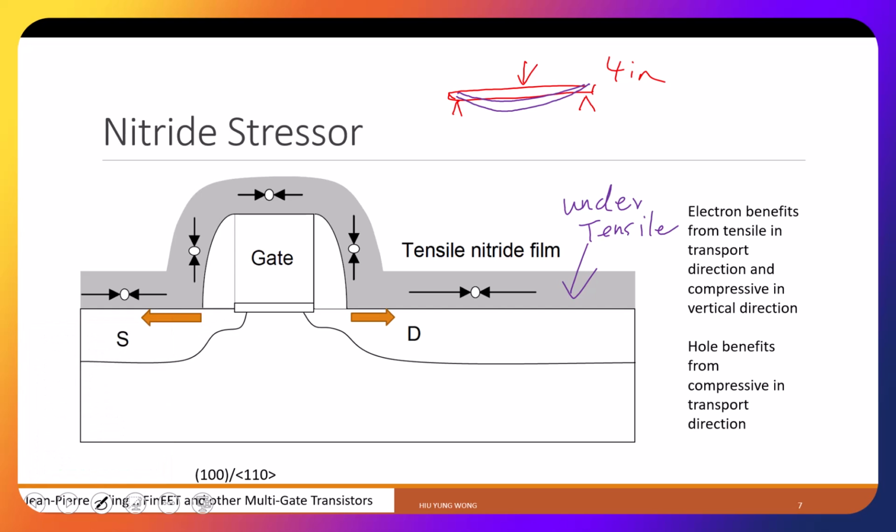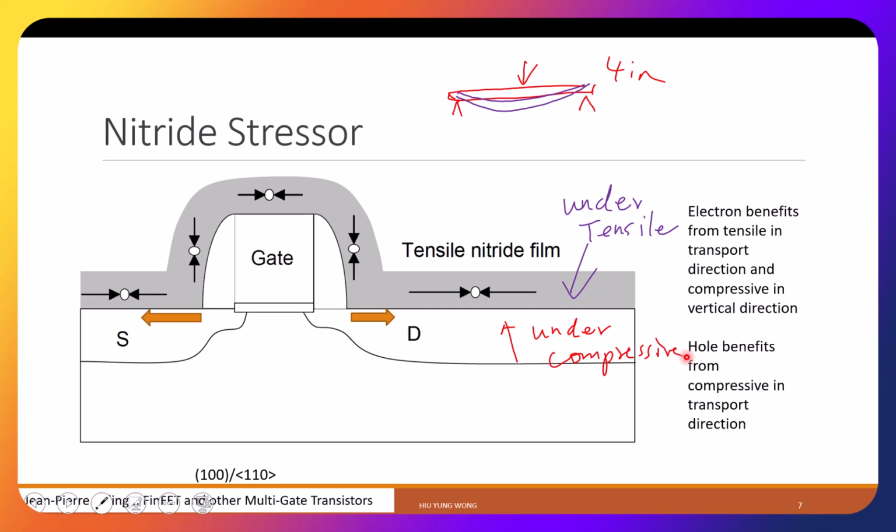So this part is compressive, right? This part is under compressive stress because, right, it's next to the tensile, right? If you try to pull me apart, I'm going to compress you. We are in opposite direction, yeah? So then, where you're getting compression, your mobility will be lower. But it doesn't matter, right?